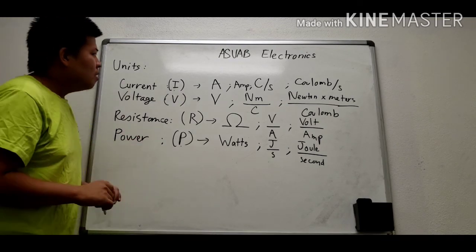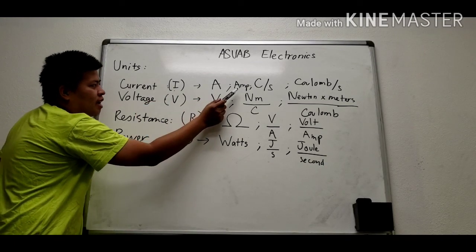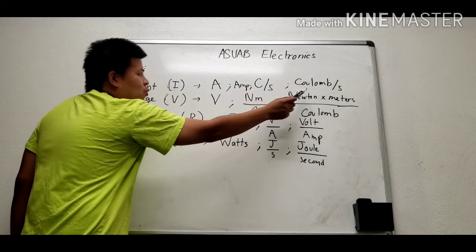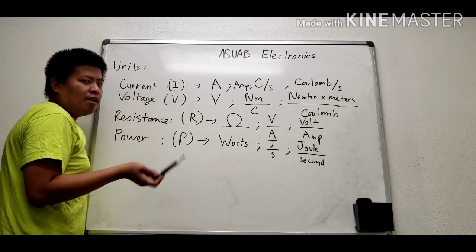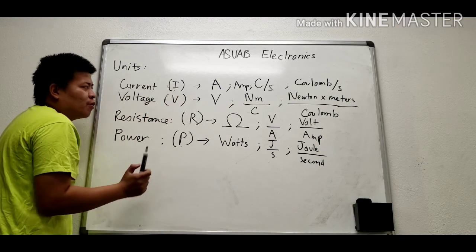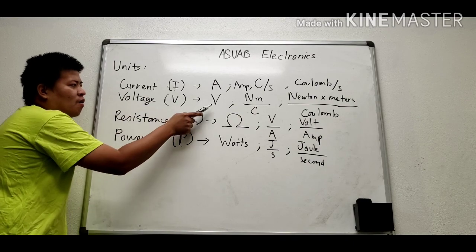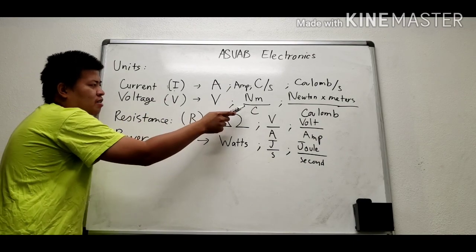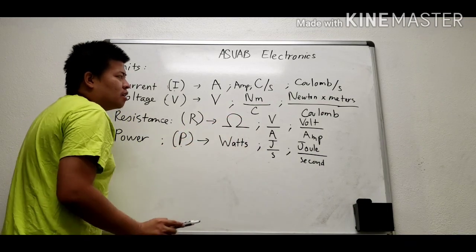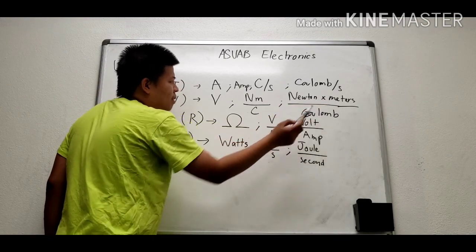On the units, for the current we have capital A, amp, C over S, that's coulomb per second. This means that in every 1 second we have how many electrons go through. About the voltage, we have V. The next unit is N multiplied with m divided by C. So in here we have Newton multiplied with meter divided by Coulomb.